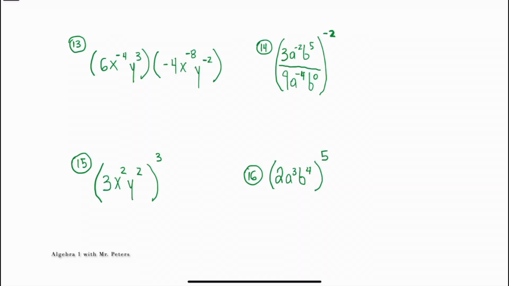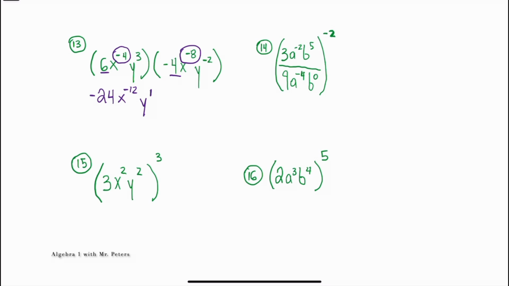In the next problem, family, we have to start off by multiplying our coefficients. So once we multiply 6 and 4, we're going to get negative 24. Then we go to add our exponents, but please be mindful of this trick. We're adding negatives. So this is going to be x to the negative 12. Then when we get over to our y values, we're going to have y to the first power when we do 3 plus negative 2.